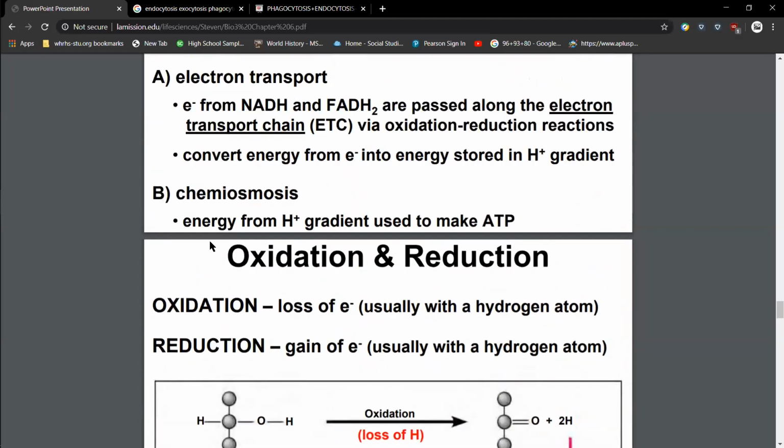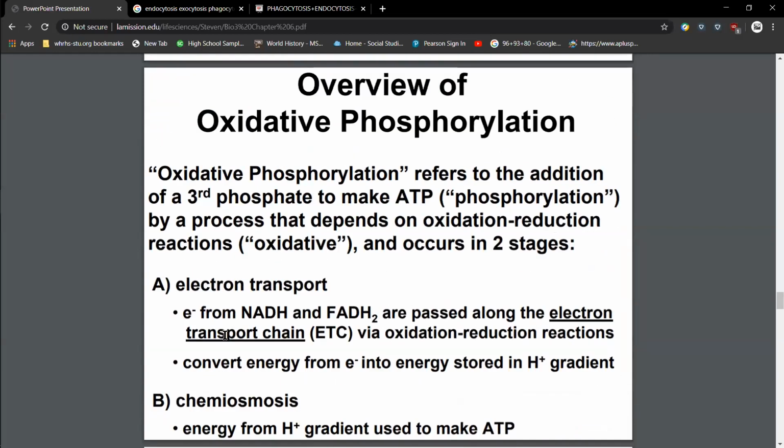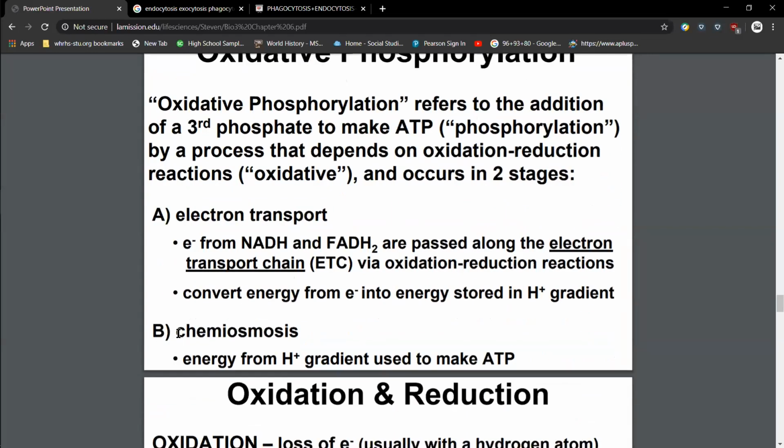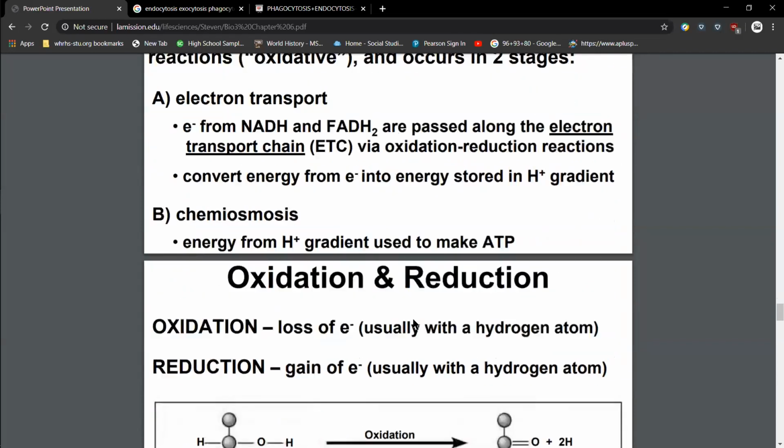It creates what we call an H+ gradient, or a hydrogen gradient. That's where the next step of oxidative phosphorylation comes in, and that's chemiosmosis. Remember, osmosis is the movement of water. Chemi is short for chemical. So it's the movement of chemicals through the same process as osmosis, which was just diffusion.